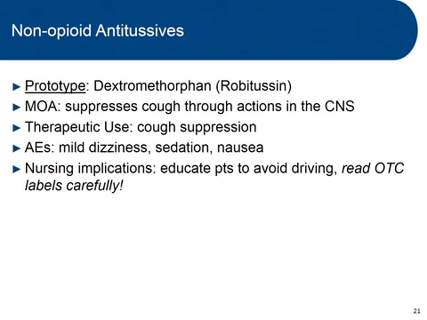So patients really do need to be careful when they're taking cough and cold preparations like those that contain dextromethorphan, so that they're not using medications that have other ingredients that they shouldn't be taking, or maybe that they're already taking separately, and so on. So reading OTC labels is a very good education point for these medications.